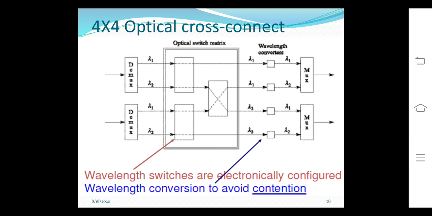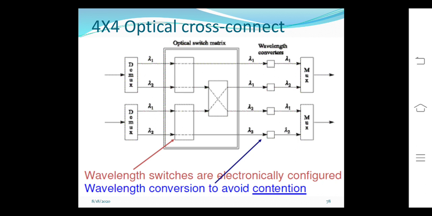You can see here the wavelength switches are electronically configured, and wavelength conversion is done to avoid the contention. Here you can see both are coming as lambda 1 and lambda 2. Some cross connects happen while they switch the wavelengths.